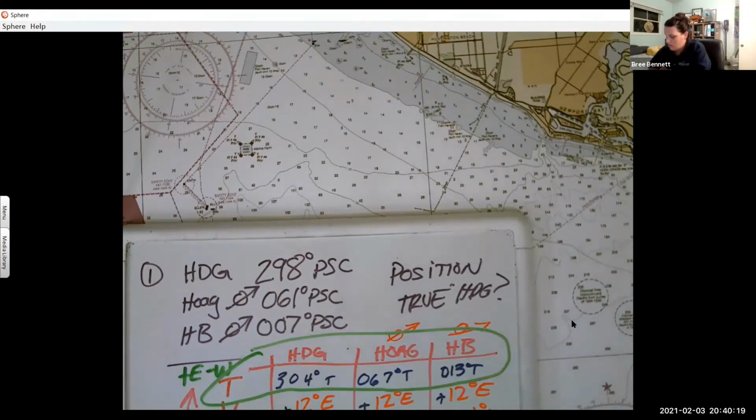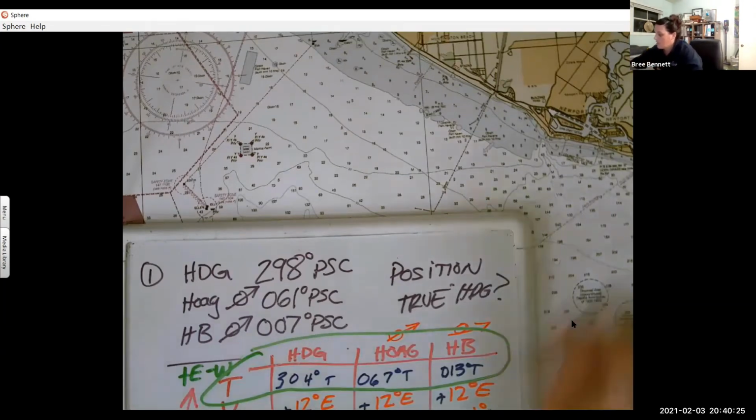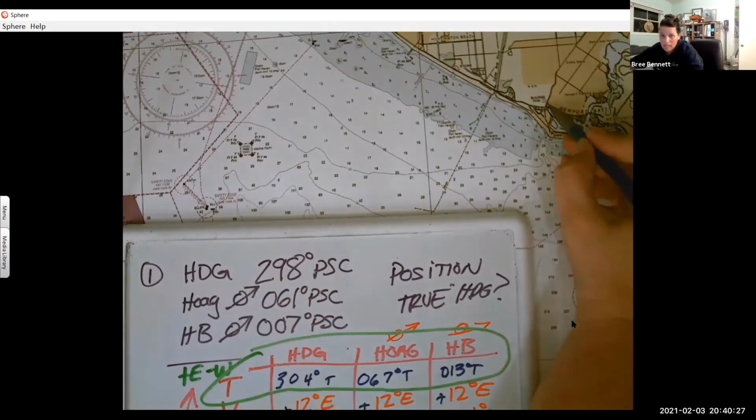So we got our bearings from the Hoag Hospital. It gave us a latitude and longitude. They're going to tell us it's the building here, right off Newport Boulevard. And it says hospital. So that is going to be one of our bearings.